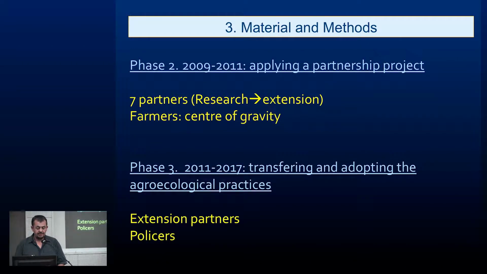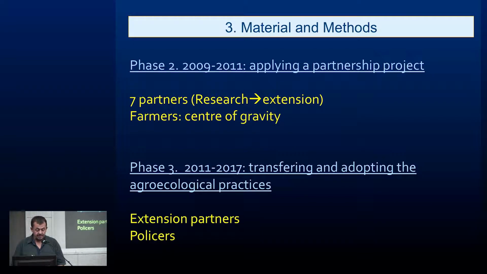Phase 2 was between 2009 and 2011. It was devoted to applying a project in partnership to evaluate the agroecological practices with different partners from research to extension, with the farmers as the center of gravity of this approach.